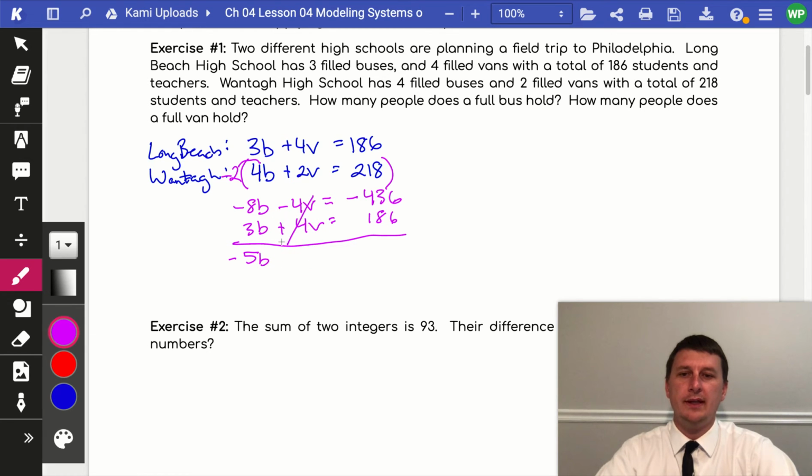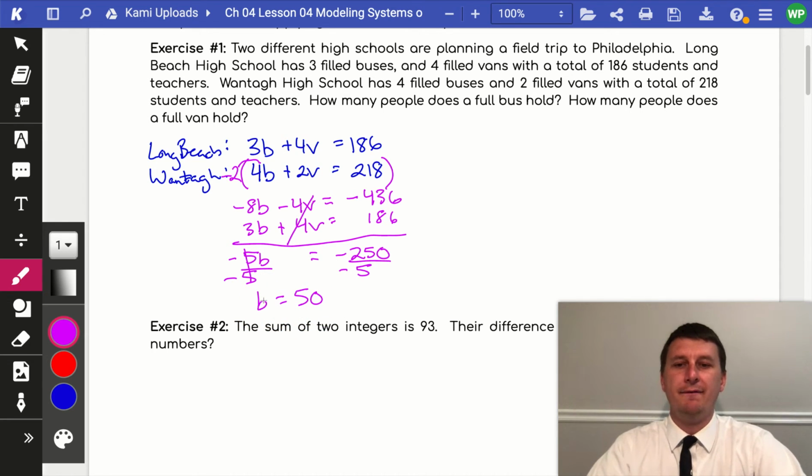The 4v and the -4v will cancel out, and this will leave us with -250. And finally, we want to divide by -5 over here, and we'll get b is equal to 50, which means that a full bus holds 50 people.